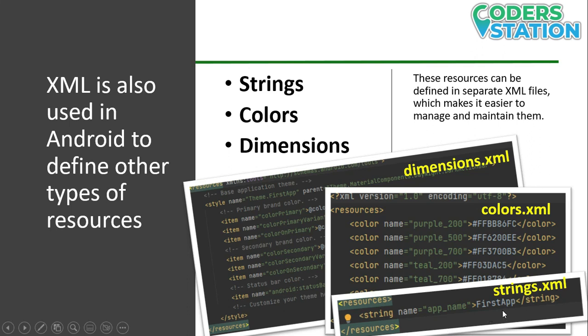That app name will be used throughout the application, and if we want to make it a string variable, we can place it in this variable, and with the name given over here, like app name, that can be called wherever we want to display that name in the application. So later on, if you want to change the name, the only change that we need to make is over here in the XML file, and the changes will be reflected throughout the application.